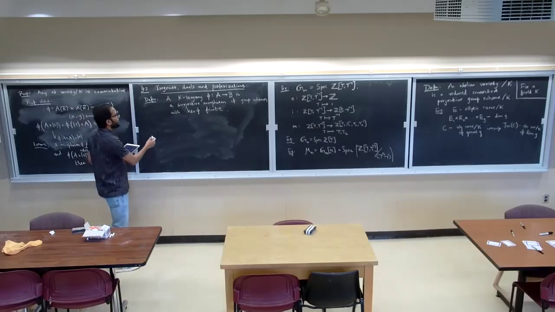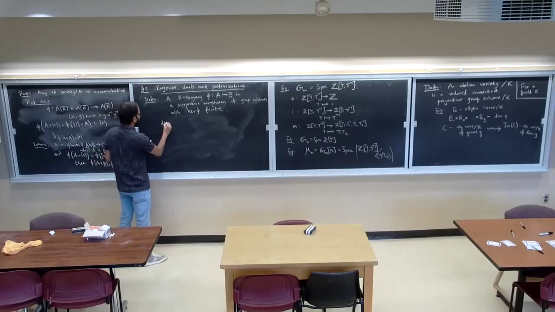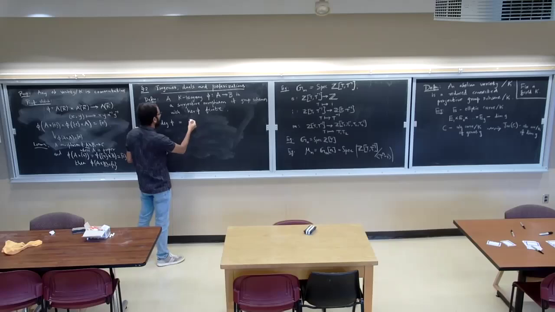Okay. So for any such isogeny, we have the notion of degree. We will say that the degree of phi, just as in any other map, we can define it in terms of the function fields.